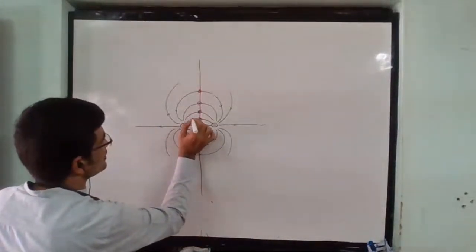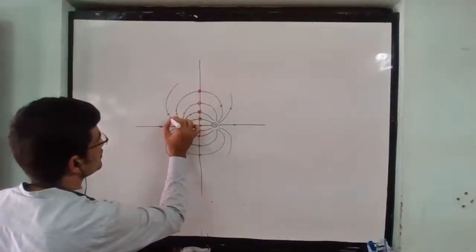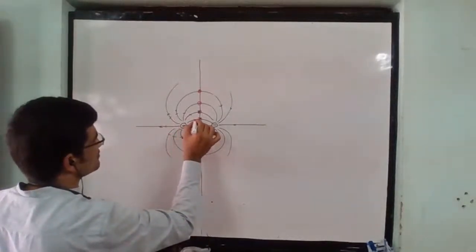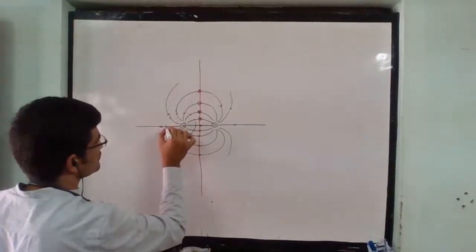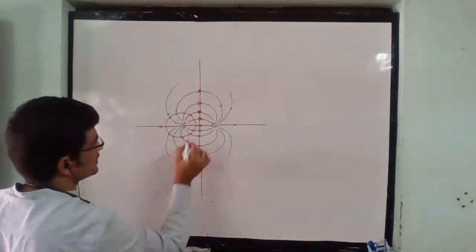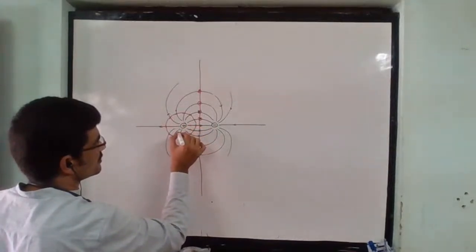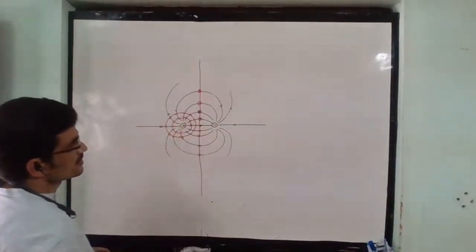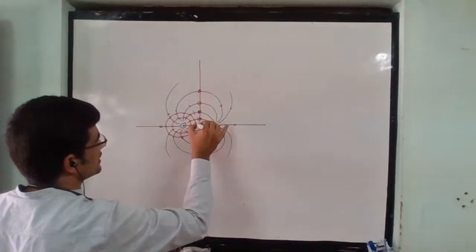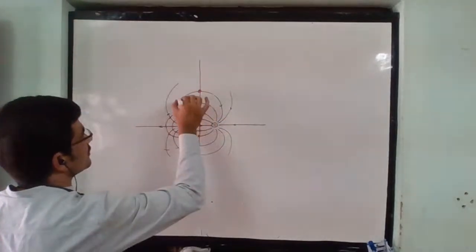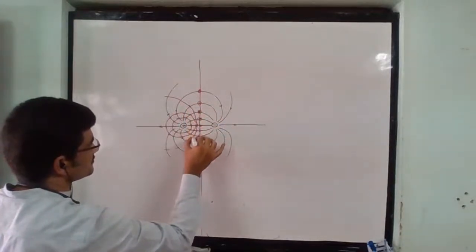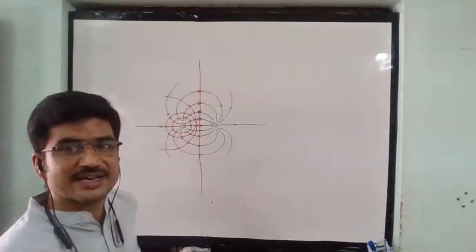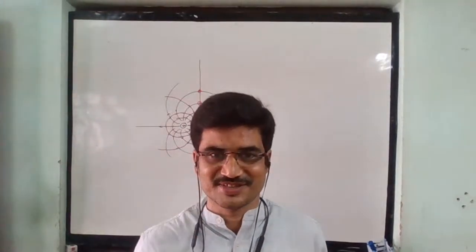Similarly, draw the perpendicular lines here, one, one, one, perpendicular. Just see. And join them. Like this. Similarly, one more. Join them. Okay, so hence you will get it here also. Join them. These red color lines are the equipotential surfaces.